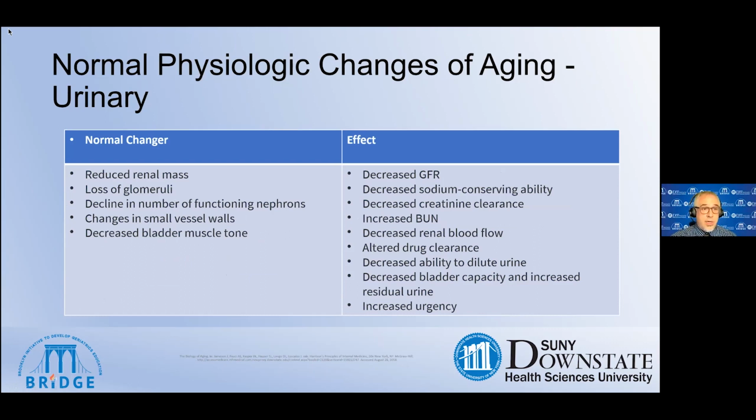And of course, renal changes, changes to renal mass, loss of glomeruli, decline in functioning nephrons and small vessel walls, decreased bladder muscle tone, all of which leads to an overall decline in GFR, sodium conserving ability and creatinine clearance, and some mild increase in BUN. Decreased renal blood flow and alteration of drug clearance. Meds are much more likely to stick around longer.